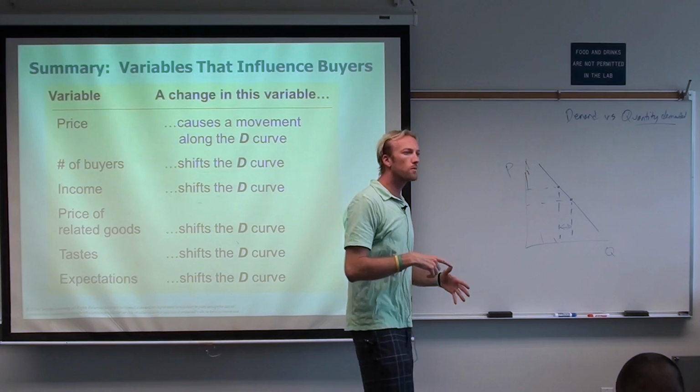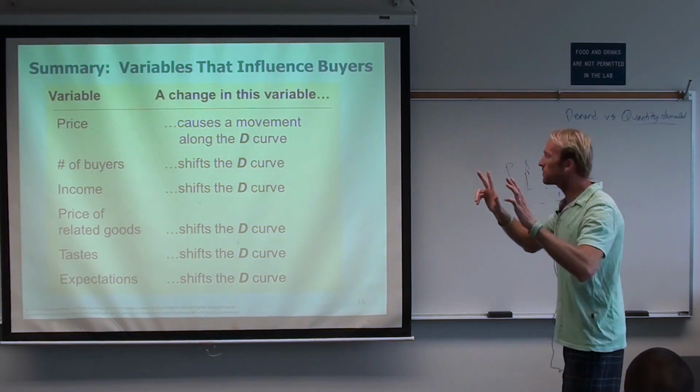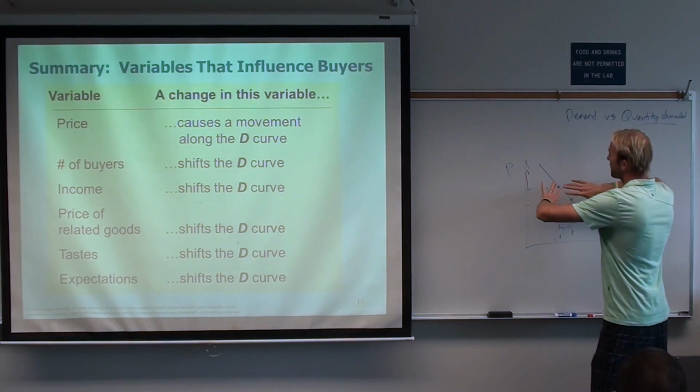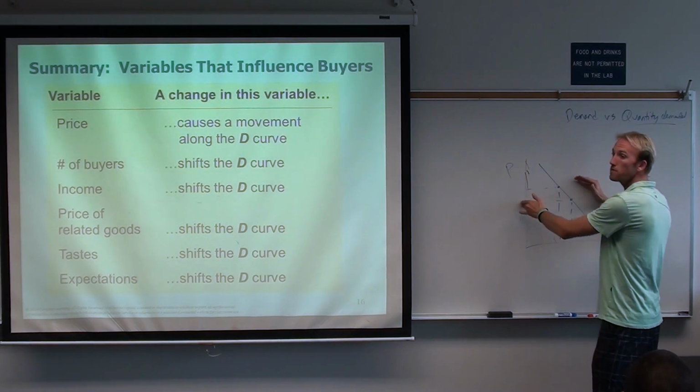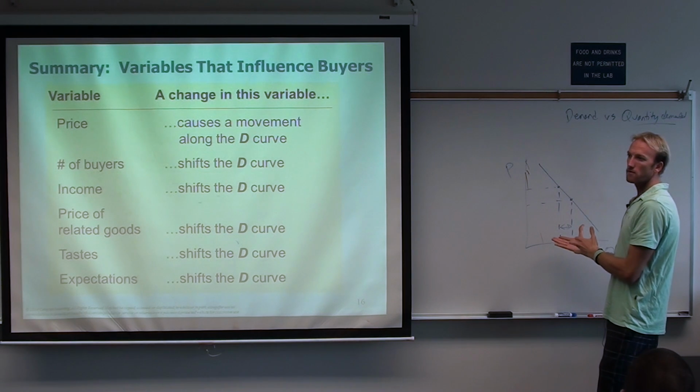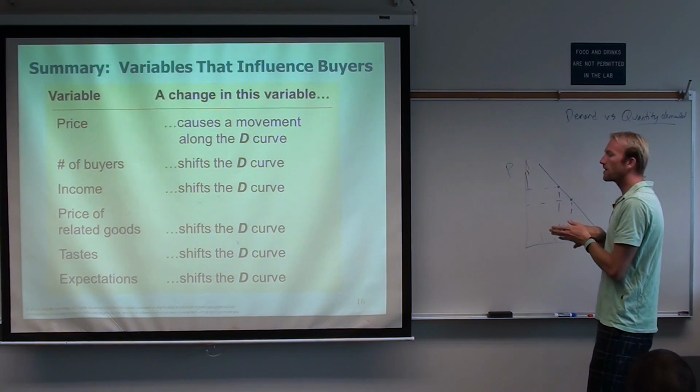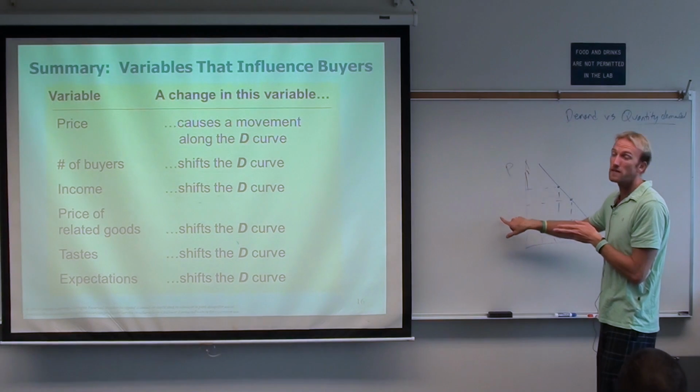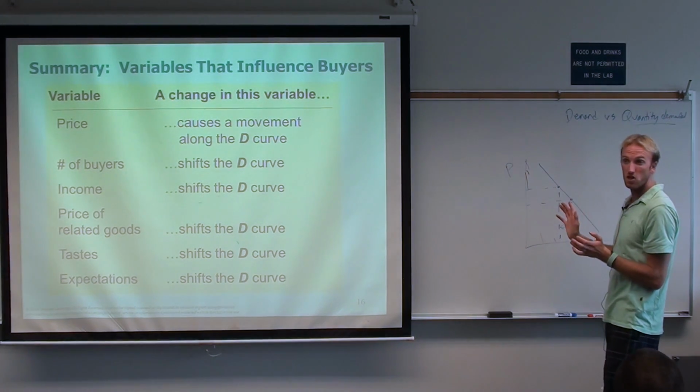For those of you who are more mathematically inclined, really what we're doing here is a two-dimensional representation of a multi-dimensional graph. We have maybe price, and then in another axis, maybe we have incomes of the individuals. In another axis, we have price of related goods.